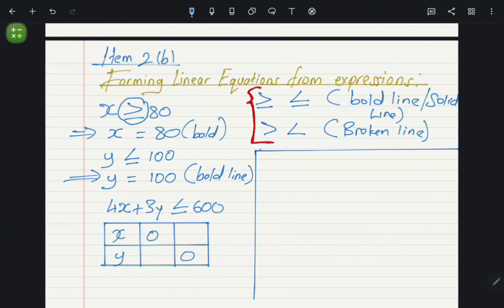For the first part, when x is 0, what is the value of y? Remember, when we are trying to generate linear equations, we replace the inequality symbol with an equal sign. So our expression now is 4x plus 3y is equal to 600. When x is 0, where there is x, we replace it with 0. So 4 times 0 plus 3y is equal to 600. 4 times 0 is obviously 0, so this side remains with 3y equals 600.